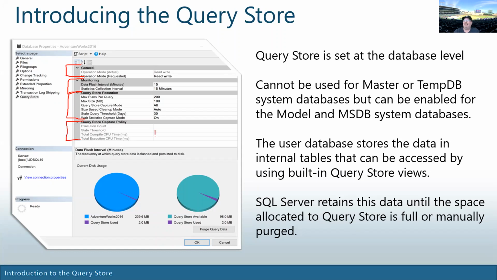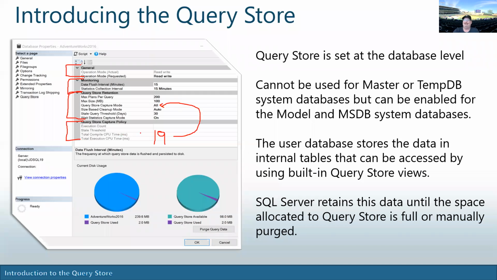This area right here is new in 2019. I'll explain, it's actually the best thing to happen to Query Store since Query Store. Based off of this setting, it allows you to tell it what queries you want to capture.